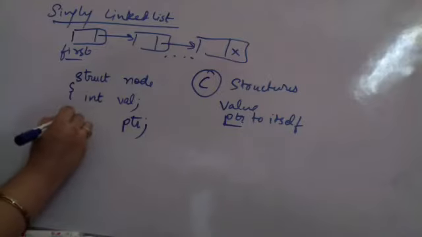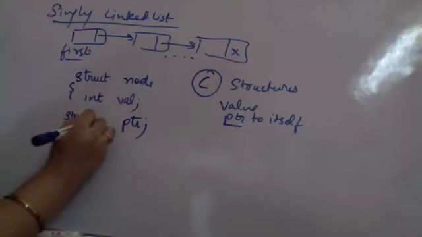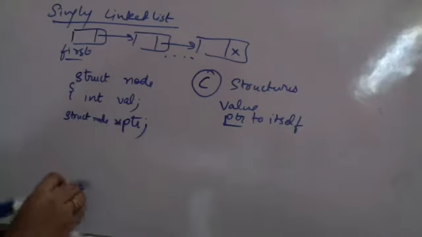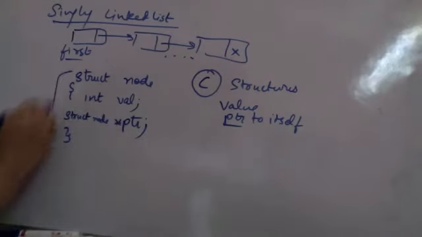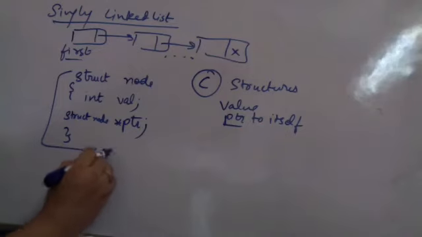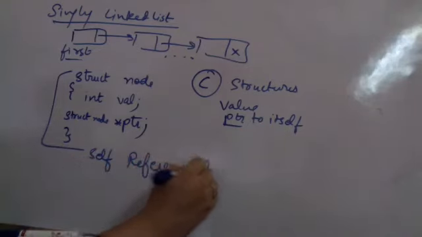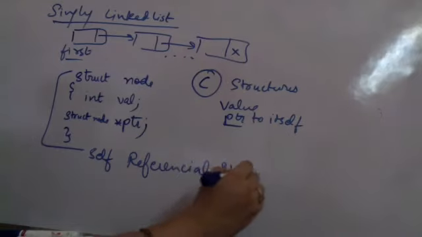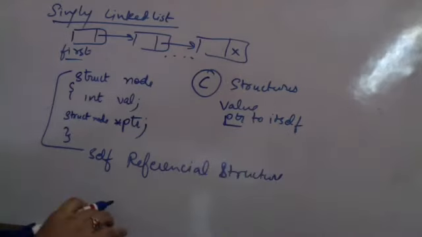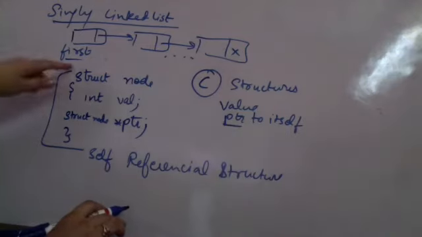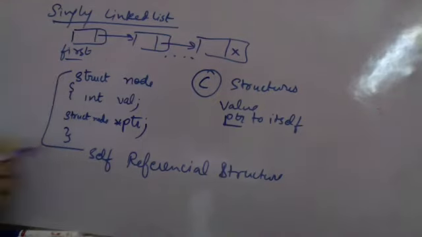So I want a pointer of type struct node pointer. Such a structure is called a self-referential structure. Since it is referring to a type of itself, it is a self-referential structure.